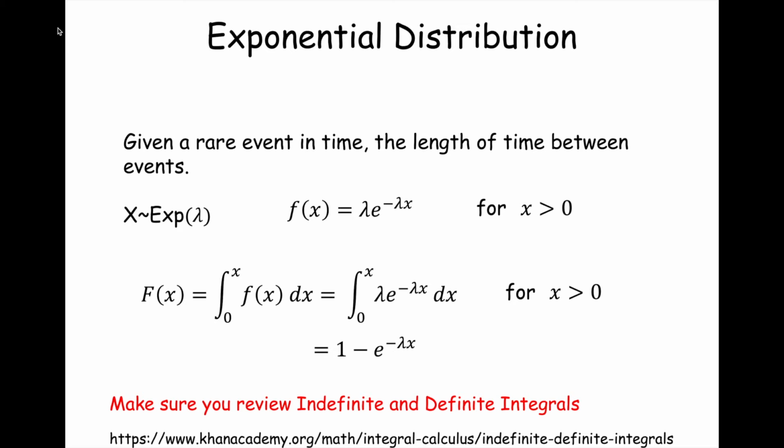Okay, so we have the CDF, the cumulative distribution function. So F of x is equal to the integral from minus infinity to x of the density function f of x dx. And again, for the exponential distribution, for all values that are less than 0, this thing is 0.